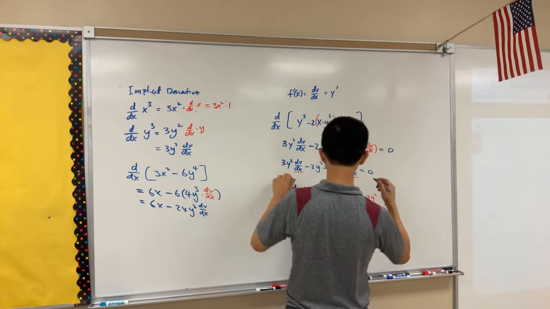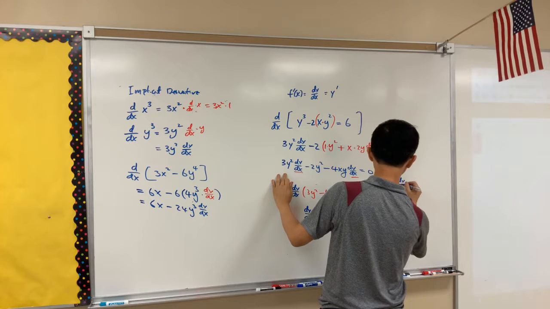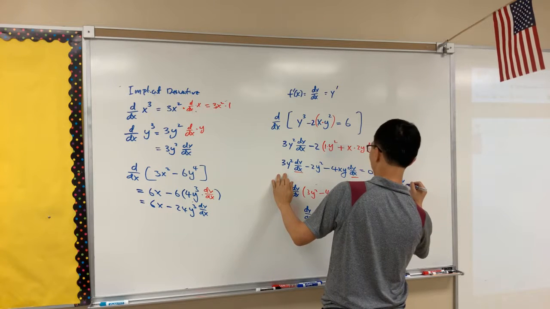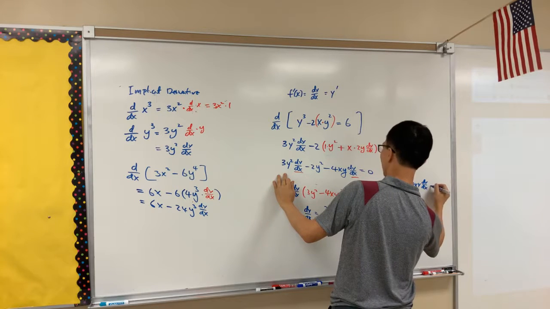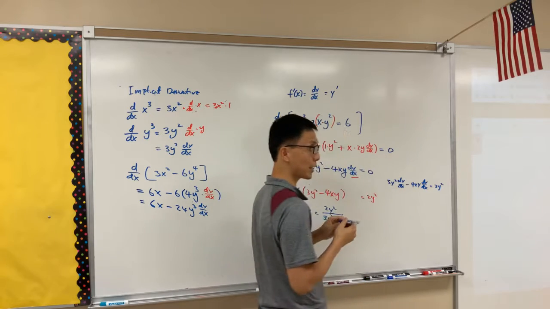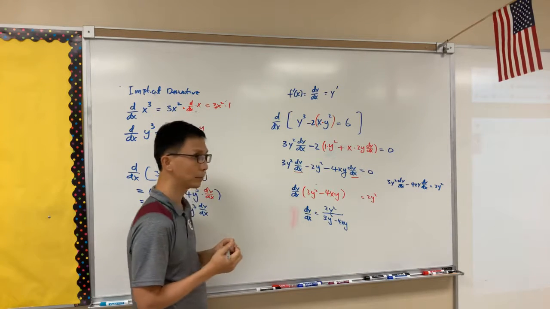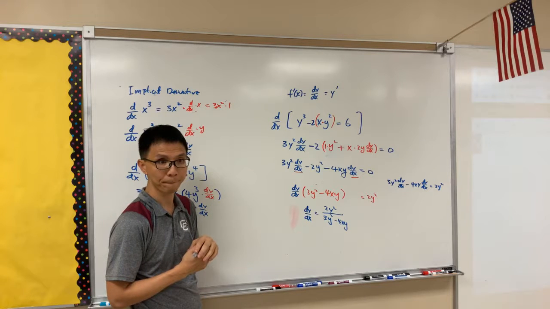So it's going to be 3y squared dy/dx minus 4xy dy/dx is equal to 2y squared, and I'm going to take out dy/dx. Is dy/dx a number?